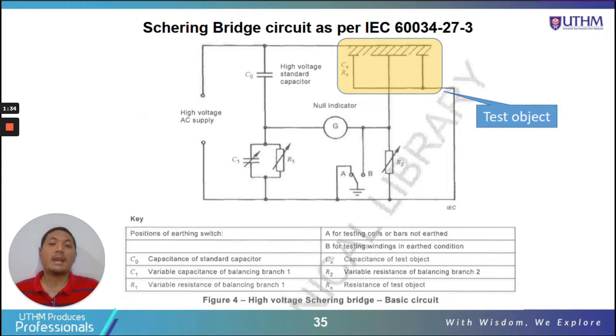We have to make the bridge balance to determine the value of tan delta of the insulation material. Usually the test object is in arm number 2.